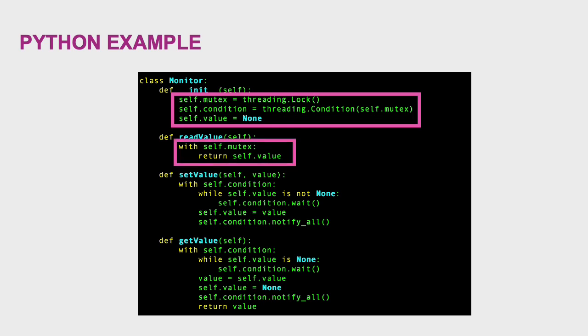Let me stress that when we define the condition variable, we pass in the mutex, and the same mutex is used to protect all the access to the resource. Why this? Because we want to have a single thread executing in the monitor at any time. So every thread must be waiting on the same lock to be sure that just one of them is in the monitor.